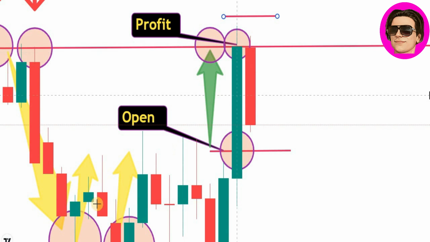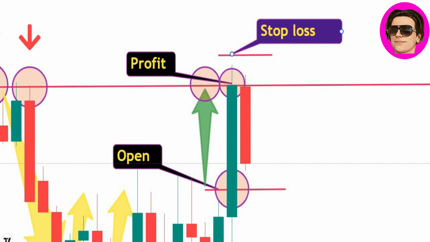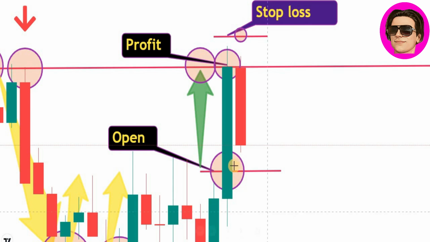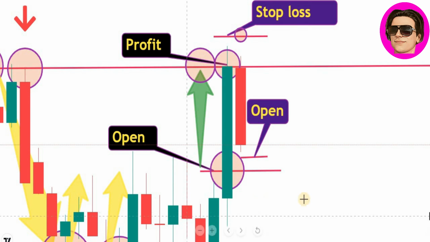After the candle is a stop loss. This point is a stop loss. Next red candle, I open position. Active price action. Yes, open.